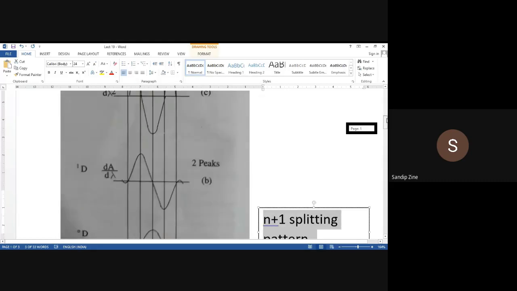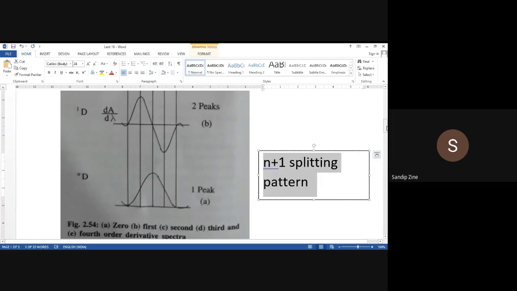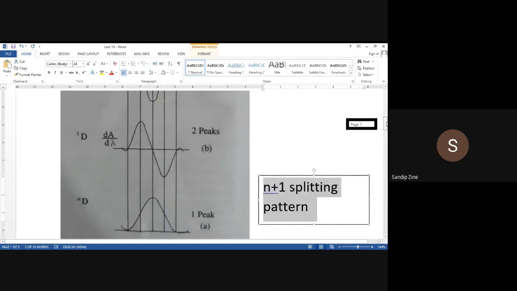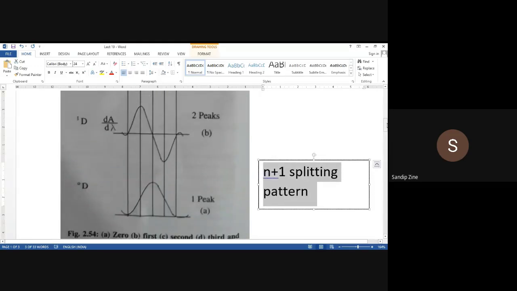In this way, derivatized spectra work to identify very minute differences between structures. In the majority of analyses, if you see any research paper, when there is a difficulty in understanding the analyte peak as compared to the background, second order and fourth order derivatives are used.